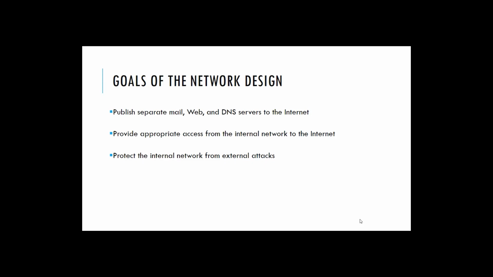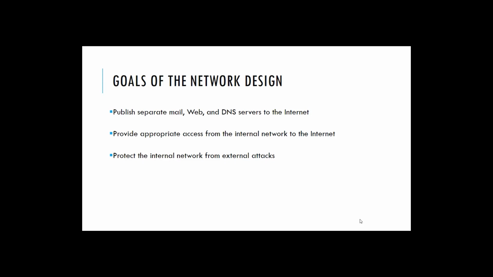It should be published. And another goal is to provide appropriate access for the internal network, for your employees and your internal servers, to the internet. And the word appropriate here is the keyword. What is the meaning of appropriate? Appropriate means that you can access the resources of the internet and you are not vulnerable to attacks. You are not susceptible to attacks from the wicked people over the internet.